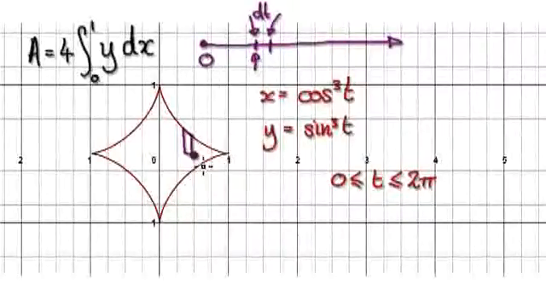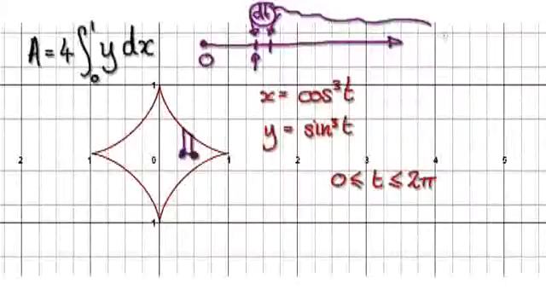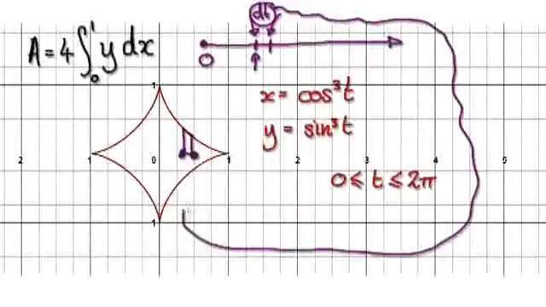A small change in time will take you to here. We need to find a way of obtaining, from a small change in time, the small change in the x direction.